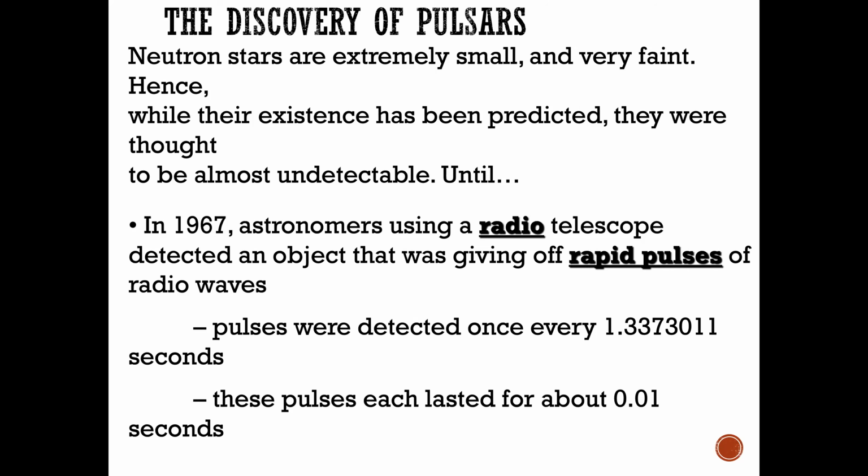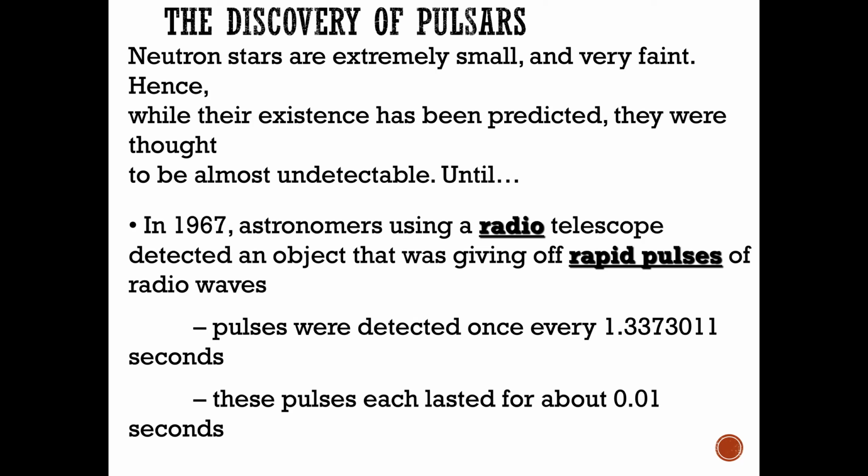And these pulses were detected once every 1.337311 seconds. And you can see that this periodicity is very, very accurate. And each of these pulses lasts around 0.01 seconds. So you need to have very accurate clocks to measure these kinds of things. However, this is what happened in 1967.